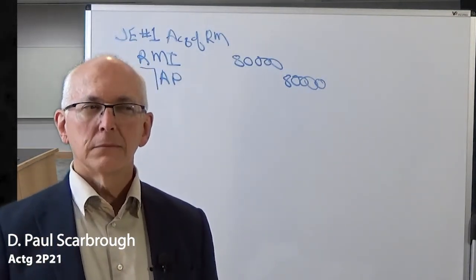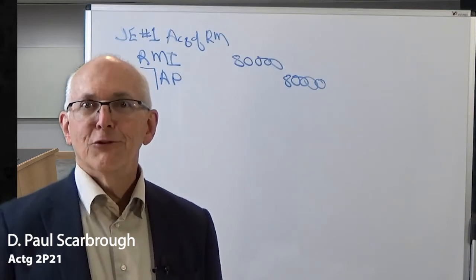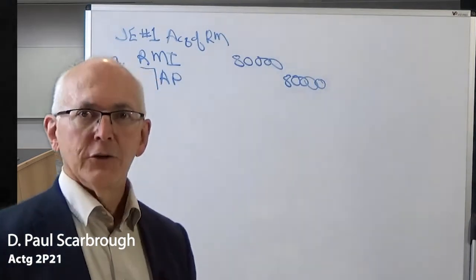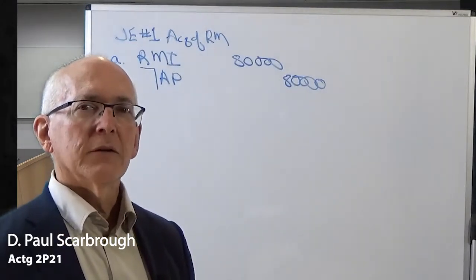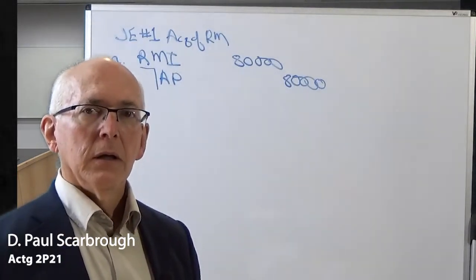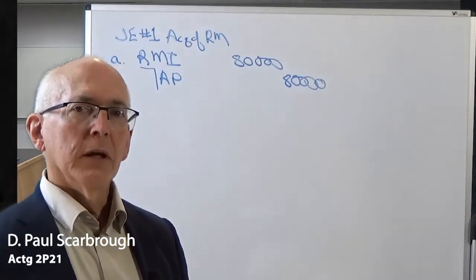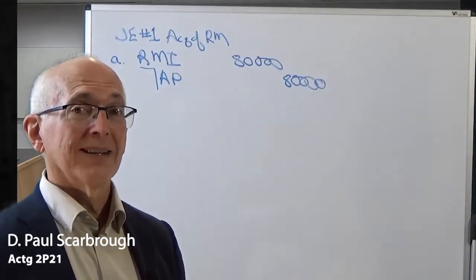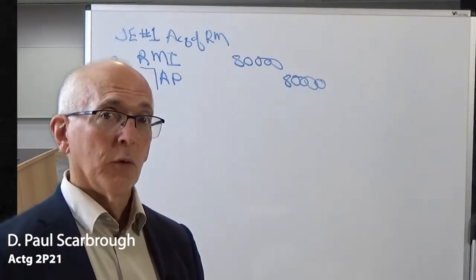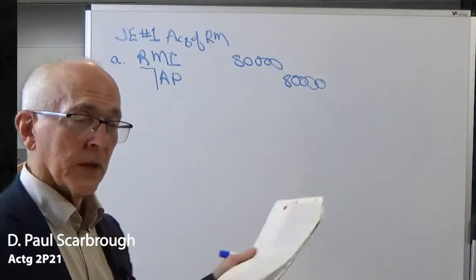But you know what? You just journalize it. You'll always be told what to do. You have to make the system itself work. You are not responsible for the inputs when you're running an accounting system. You're responsible for getting the system to work with the inputs you're given. So let's take a look at this.